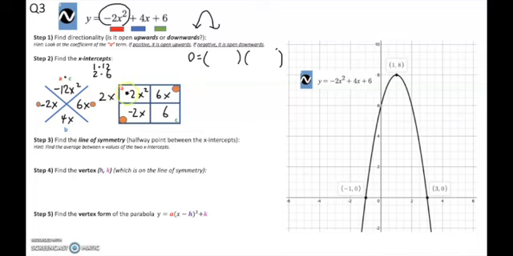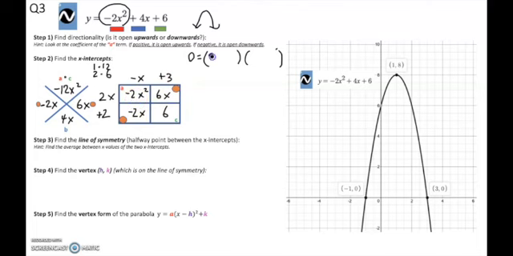And if that's 2x, we're going to multiply that by negative x to get negative 2x squared. Negative x times positive 2 will equal negative 2x, and 2x times positive 3 will equal 6x, and positive 3 times positive 2 equals positive 6.